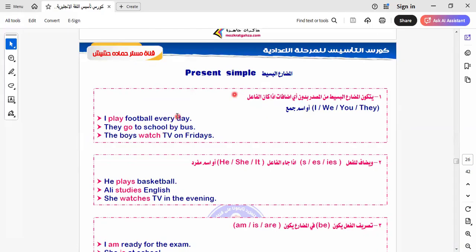We have frequency words that express the present simple: always, usually, sometimes. Here we have always.